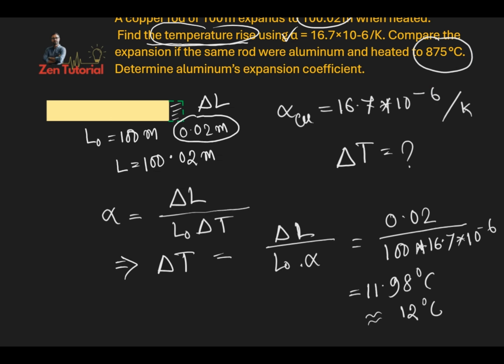So here is another rod made of aluminum, and the temperature rises up to 875 degrees Celsius, and we determine the aluminum's linear expansion coefficient, actually. So we have to determine alpha of aluminum.